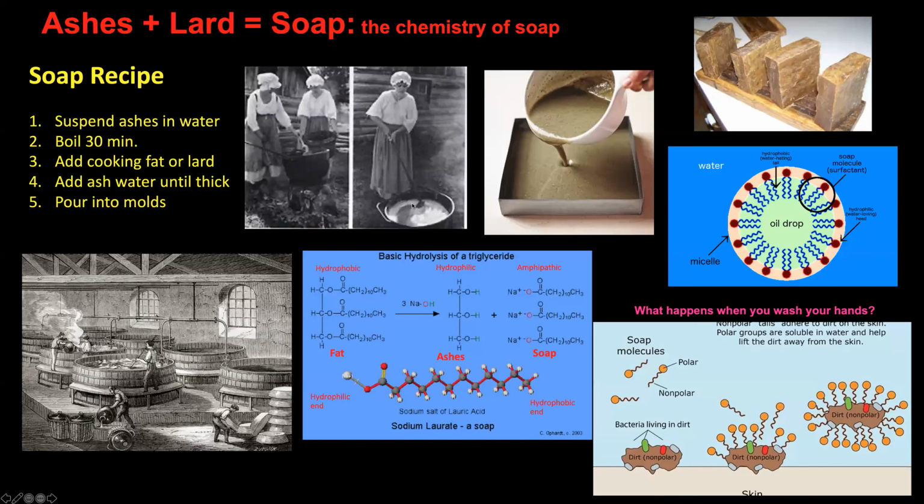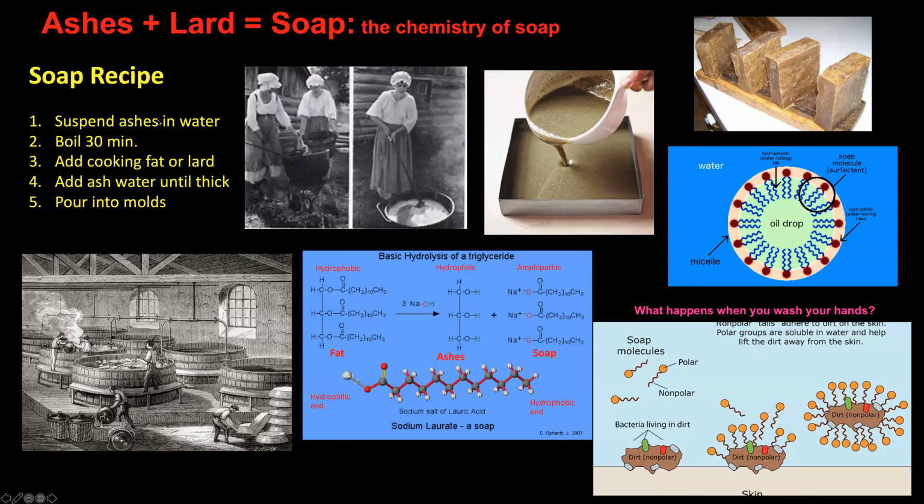So soaps are interesting because they're so simple. What is a soap? Well, historically, people mixed ashes with cooking fat, lard, and got soap. So the recipe is really simple.